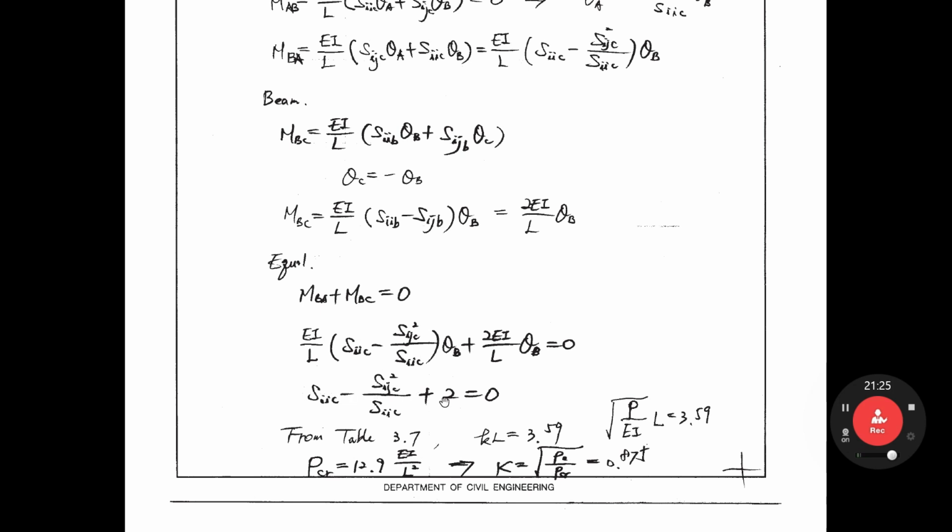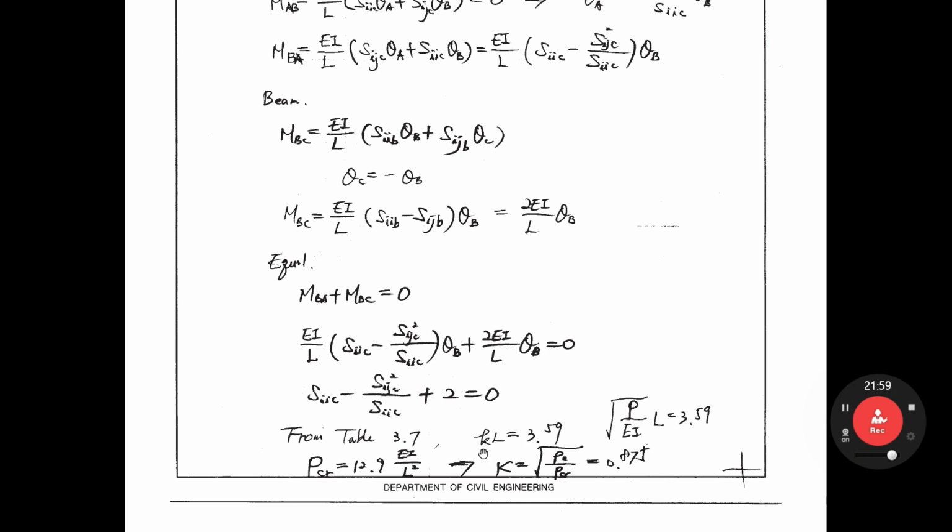Then you can find approximate SII and SIJ values that satisfy this equation. In that case, KL is 3.59. So you have to use this table.